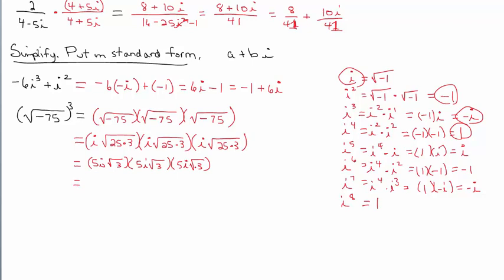And when we multiply these radicals together, then I'm going to multiply 5i times 5i times 5i. So 5 times 5, 25 times 5. That's 125. And then i times i times i, which is i cubed.